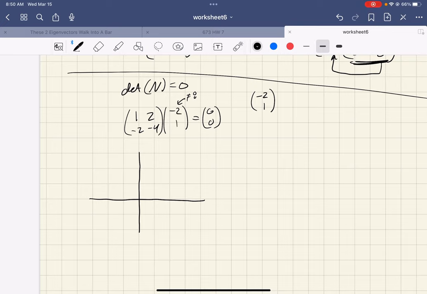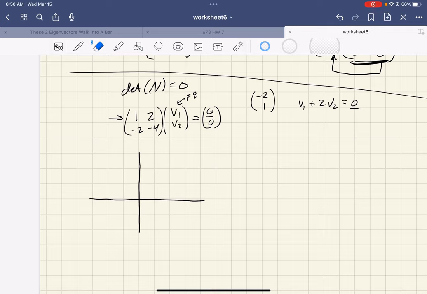Minus 2, 1. If that was confusing, you could have just written out the multiplication. If I go across the first row and down this column, where I wrote v1, v2, you'll get v1 plus 2v2 needs to equal 0. This 0 is that 0. This is just me doing the matrix multiplication where I have v1, v2.